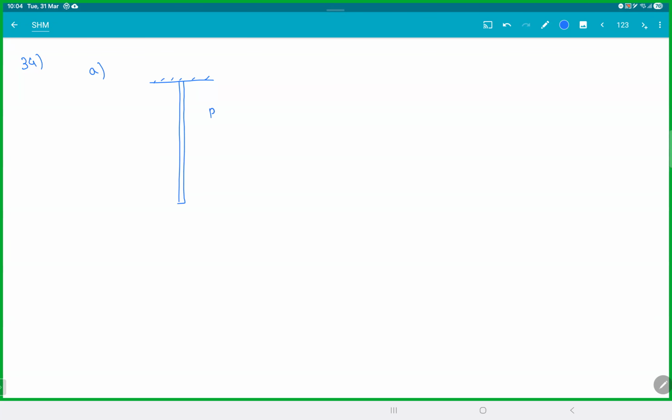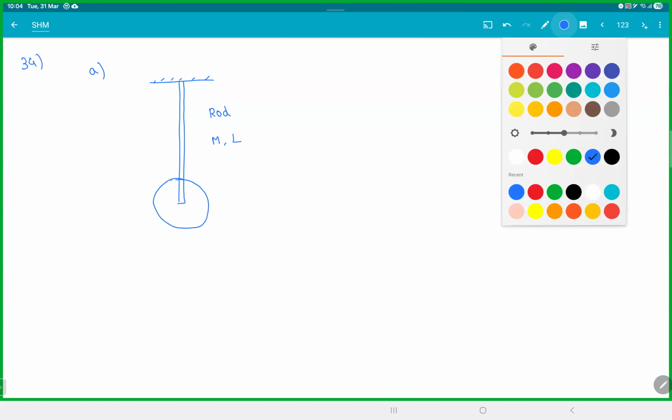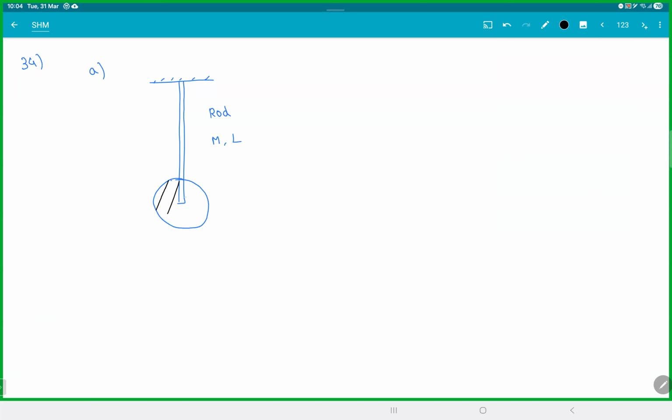We have a rod here, mass m, length L, and we have a disk here. Small m, capital R. So that is the hinge. It is free to rotate.